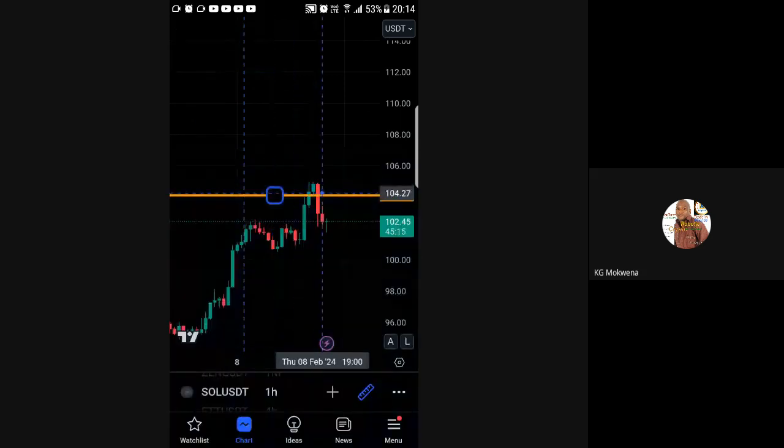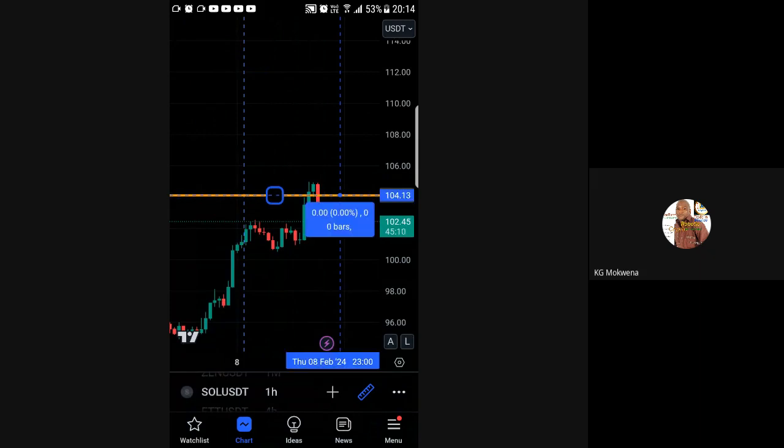I will just for now use a measure there, and that is going to show us nicely. Oh, the green line up to the green line, because the price is changing direction.